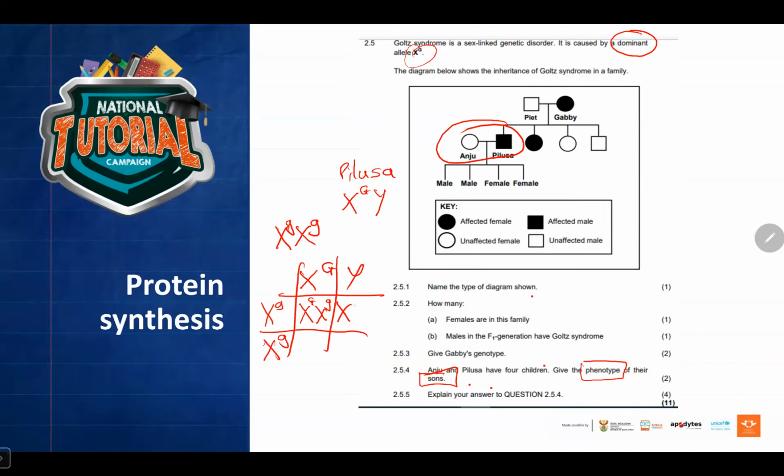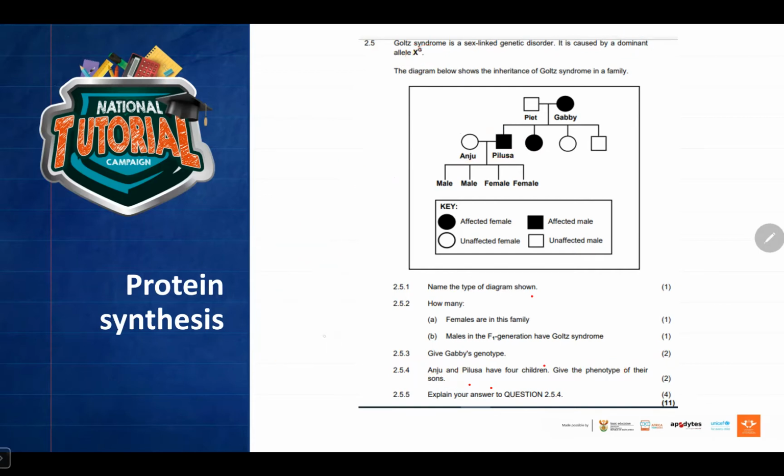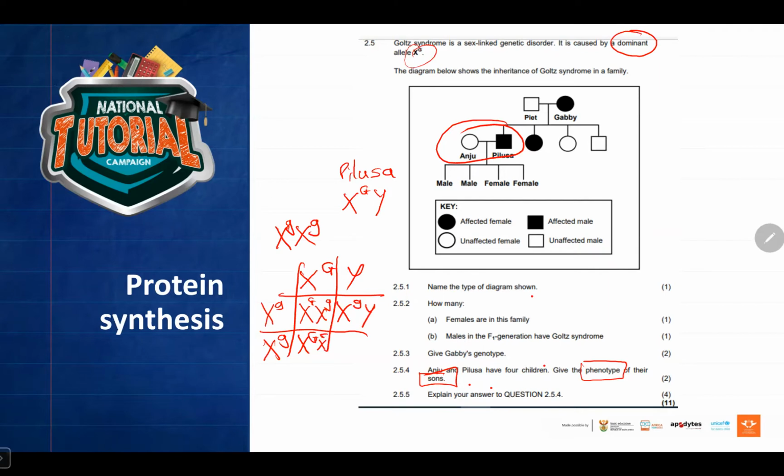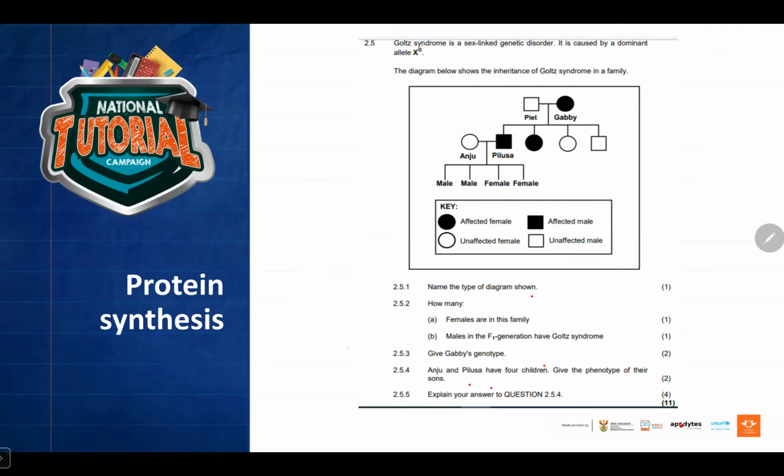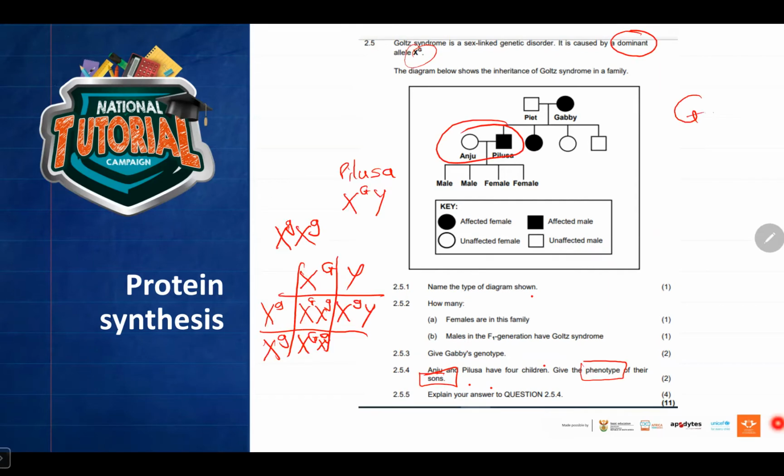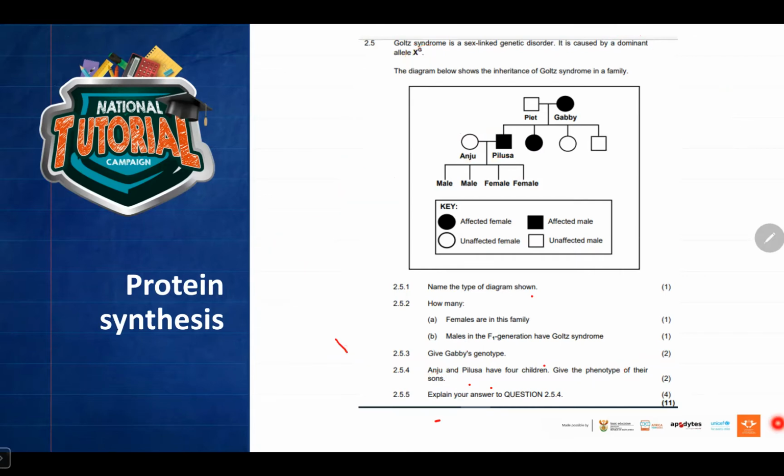Just remember that now, do not forget about the X. I see a lot of my students forget about writing the X, and they just write the small letters as in capital letters. You cannot write that. You have to indicate that it is a sex-linked disorder.